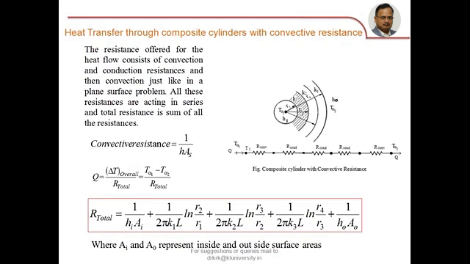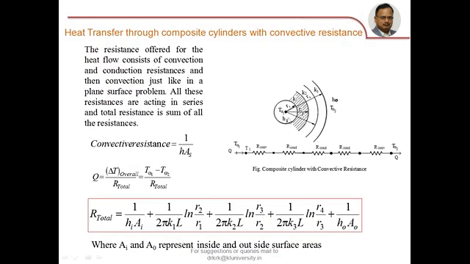So due to the finite values of convective heat transfer coefficient, there always exists a temperature gradient between the surrounding fluid and surface, and that resistance is known as convective resistance. So as per the formula, convective resistance is 1 by HA, where A is the surface area to be considered.